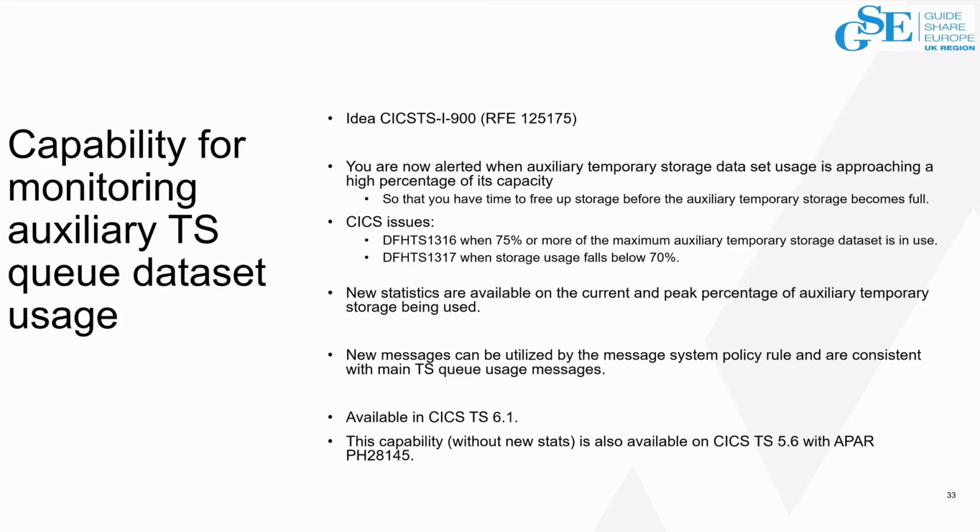To go with that, we've added new statistics to report the current and peak percentage use of TS AUX. And so the idea, certainly with the messages, is you could use an existing message policy rule to drive some action if you're getting close to the limit on TS AUX.